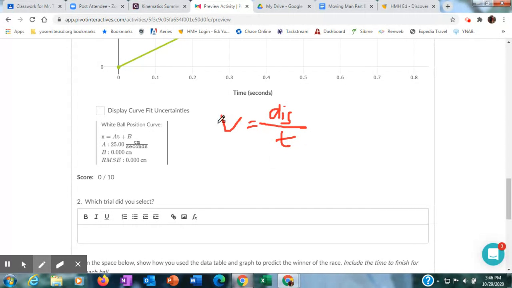If I multiply time to both sides, I will get time times velocity is equal to my distance. I'm going to change this distance to x, because that's what we usually do for position.